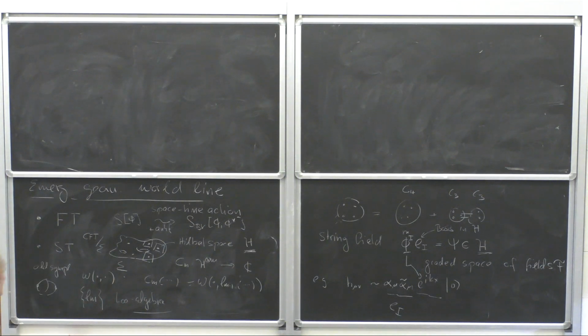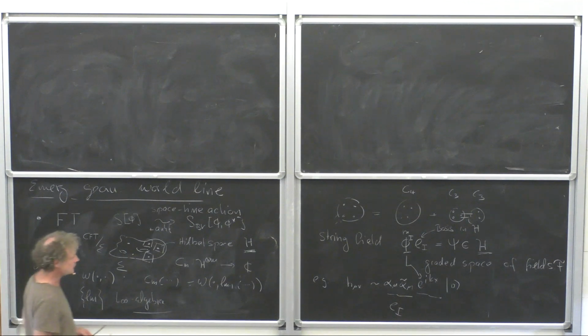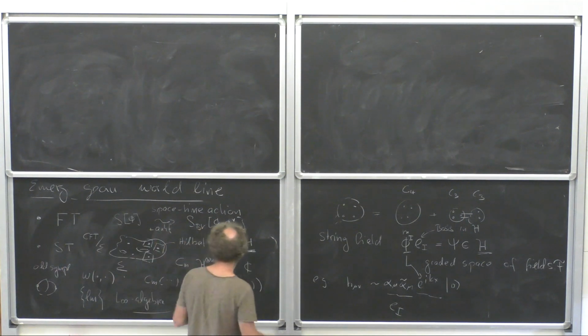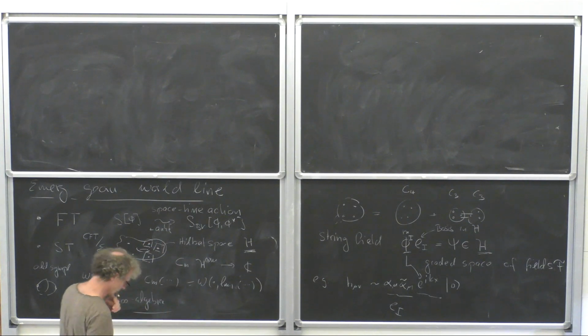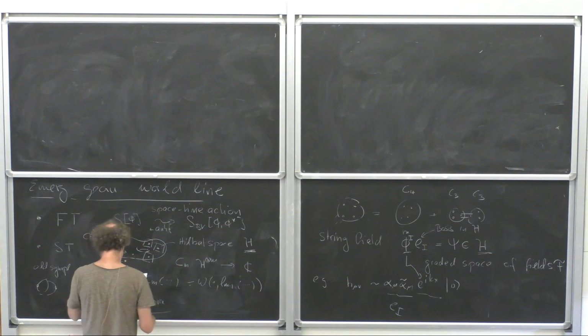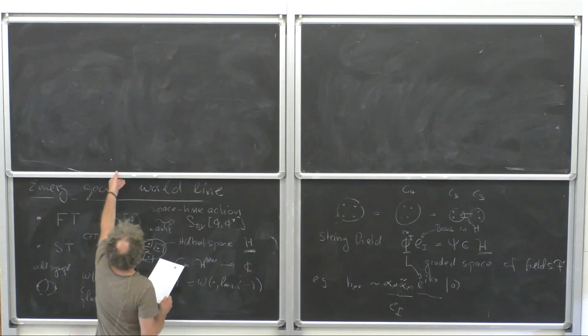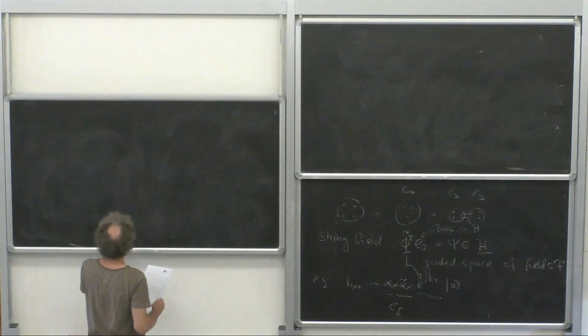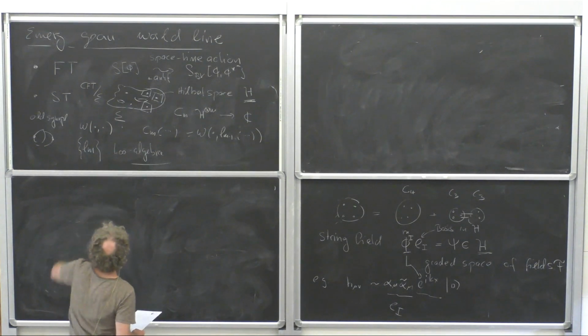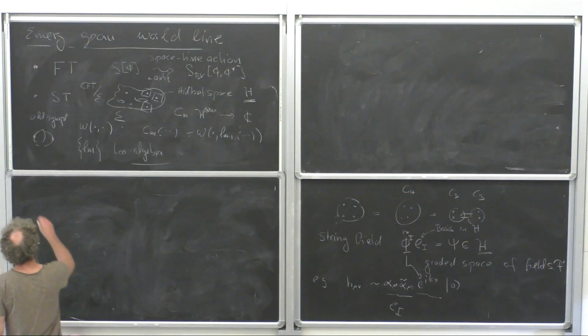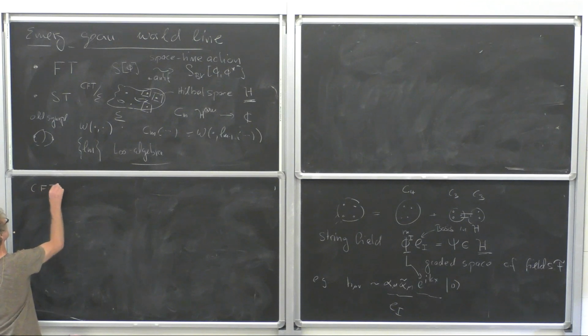unfortunately, it's not quite that way, because the actual construction, the concrete construction of these maps requires that we define this conformal field theory. So we have to really construct this conformal field theory.